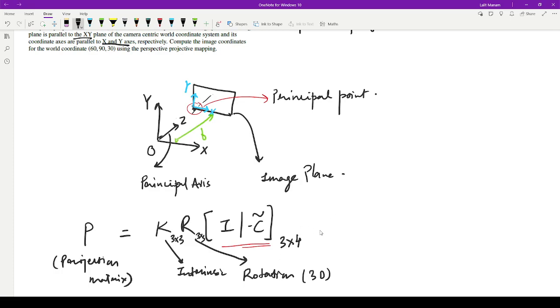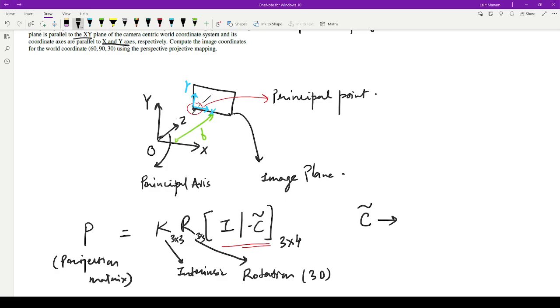I'm having difficulty in communicating, I guess. There are no responses out there. What is C tilde?